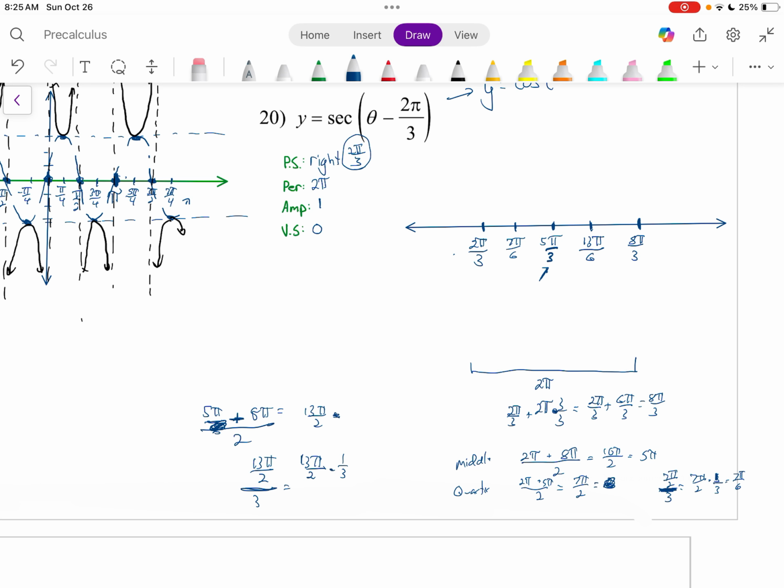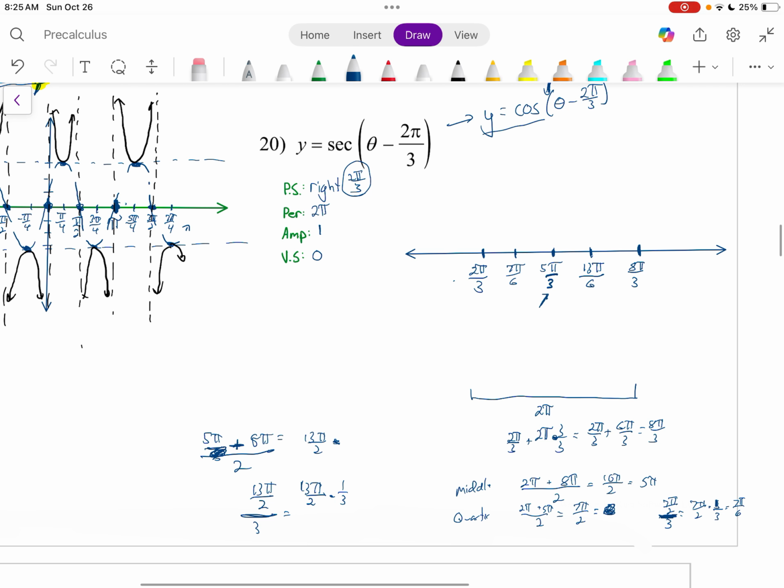So anyway, that's that. So we are graphing y equals cosine. This is not our y-axis, so I'll make it a dashed line. This is just our starting spot. Our amplitude is 1, so we can go up to 1, down to -1.